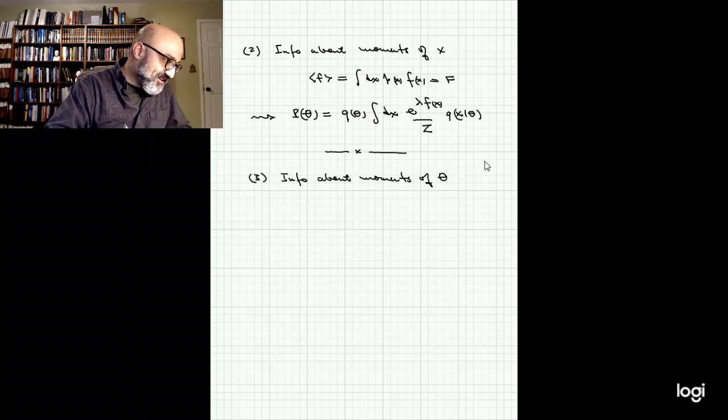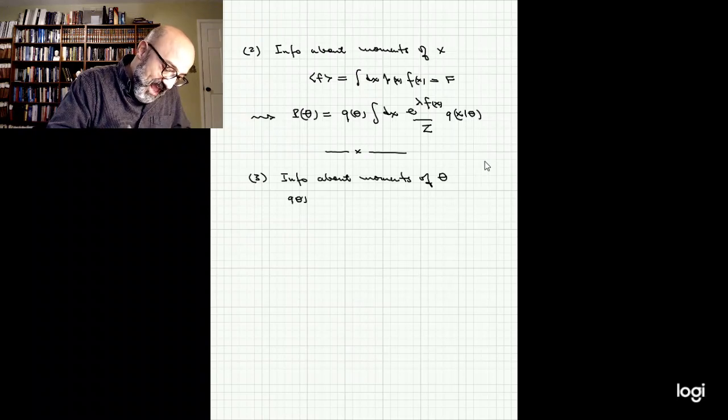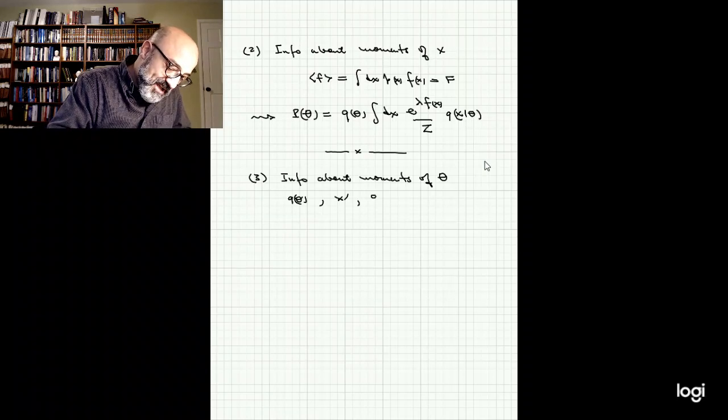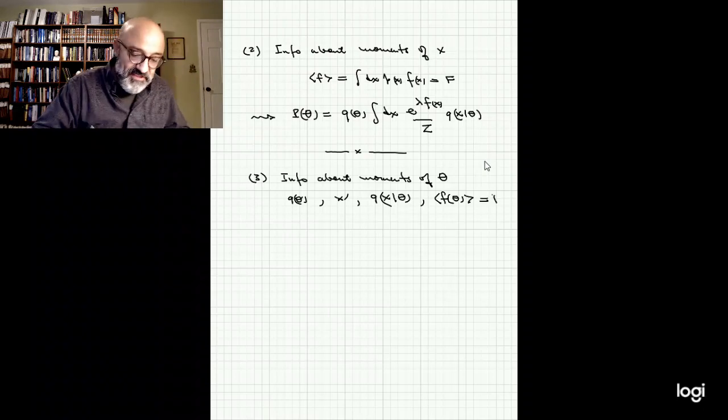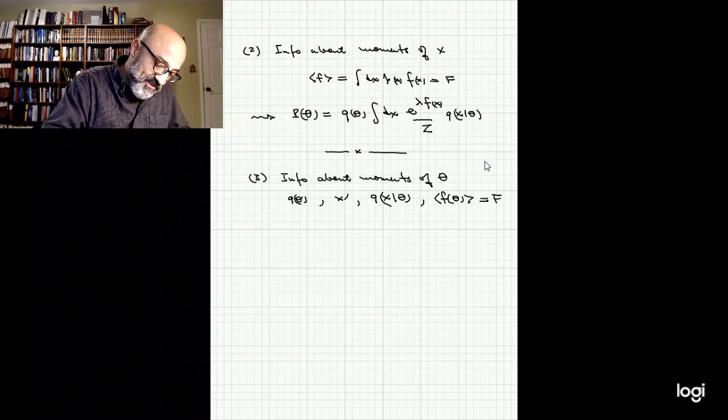So in this particular case, you have not only the prior, and you have data, and you have a likelihood function, but also you may have moments of theta, where here, for this constraint, you may have something like this.